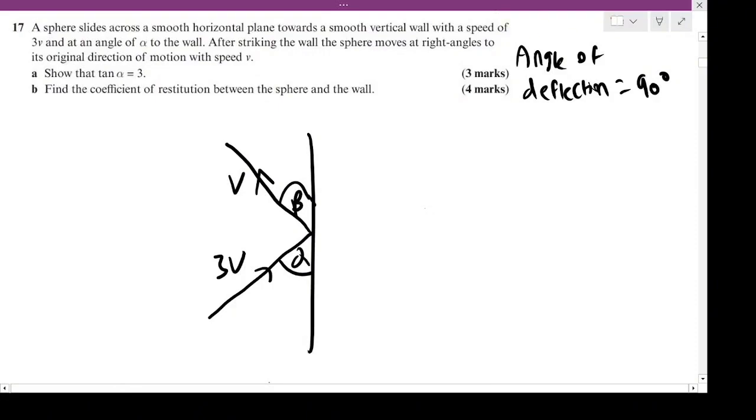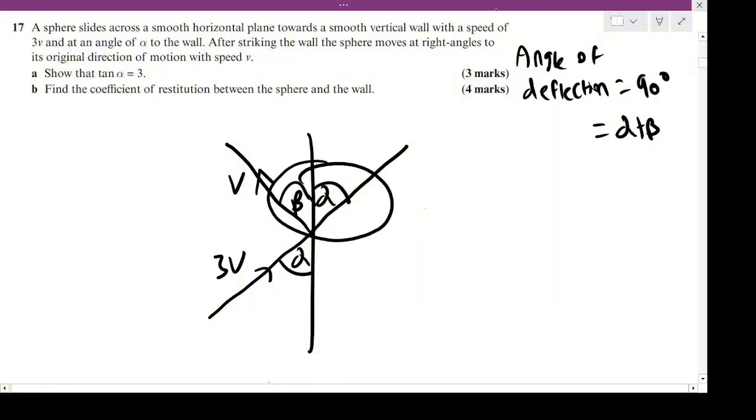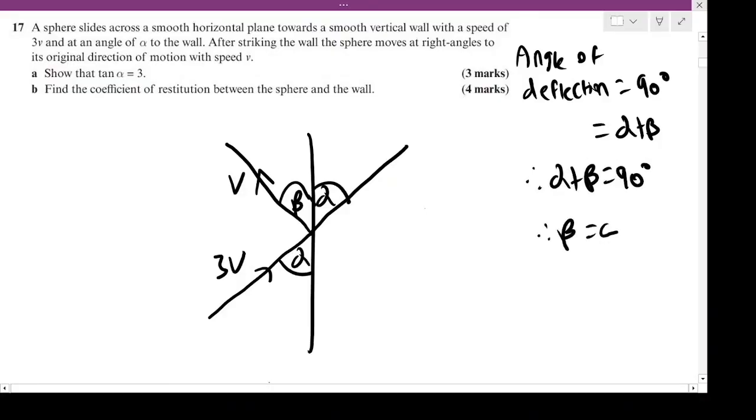But don't be put off by this, because what's the angle of deflection? Right, if I was to extend this again, and I know this is alpha again because these two angles are vertically opposite. I also know the angle of deflection is alpha and beta. This is the angle of deflection here, right? So actually, very simply, that means alpha and beta has to be 90. Therefore, beta is just going to be 90 take away alpha. So I can express beta in terms of alpha there.